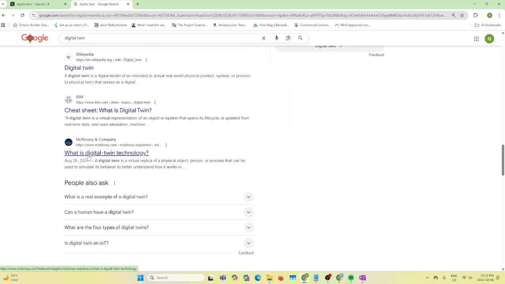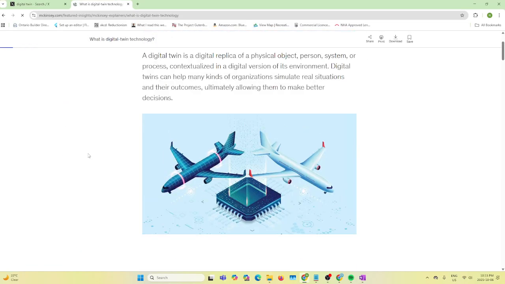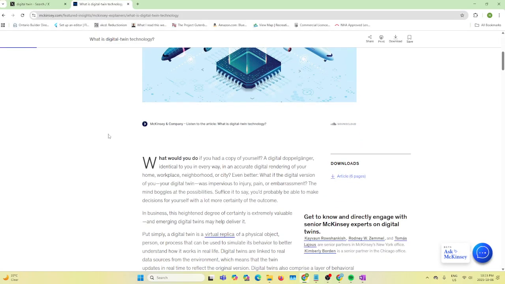So how do we learn more about what a digital twin is and how do we go about understanding it? Let's see, McKinsey and Company have a little article on what is a digital twin. Mostly when I hear about digital twins, it goes directly into airplanes and space.